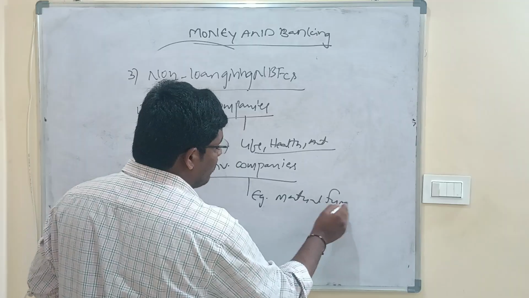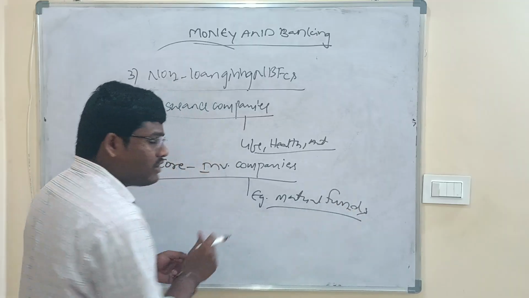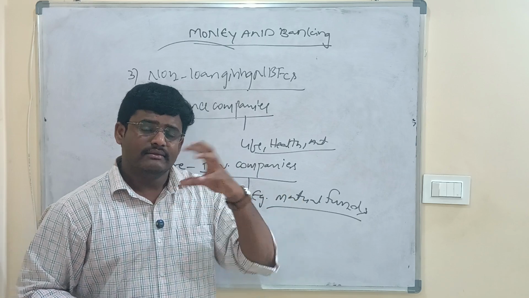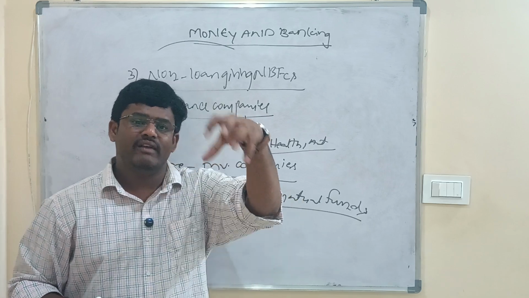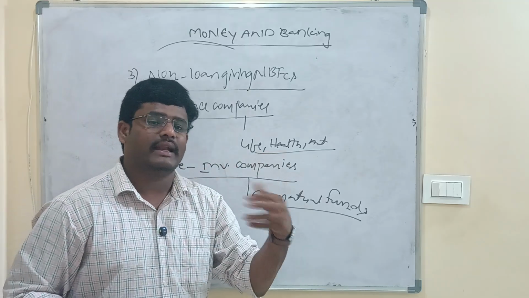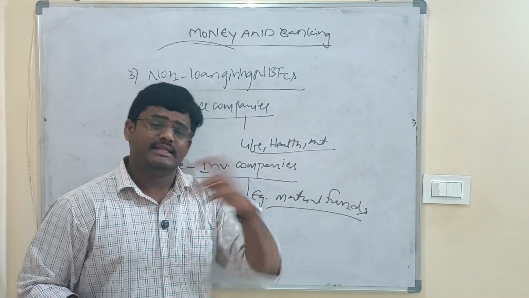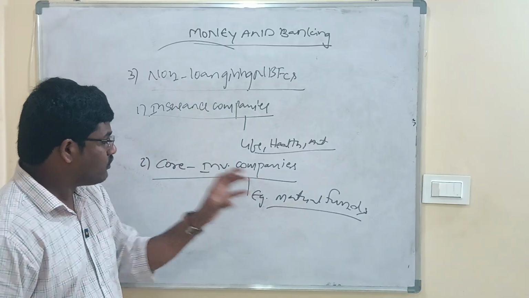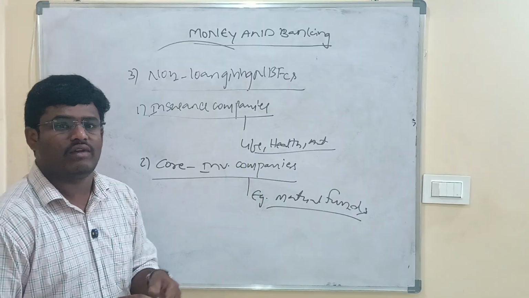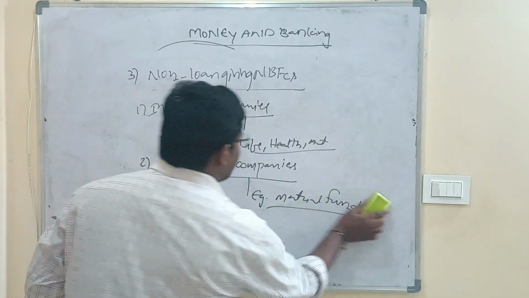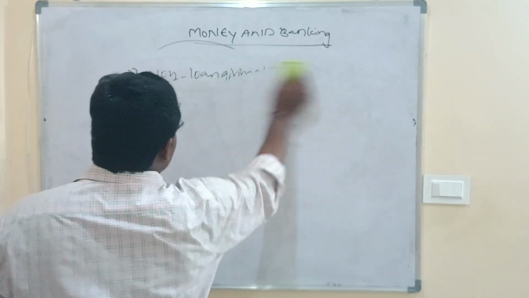In mutual funds, they mobilize funds from the public, and the funds mobilized are invested in buying bonds and shares. In return they give certain interest to the public, but the majority of the interest is kept with them. That is how mutual funds work, and core investment companies we can also call NBFCs.